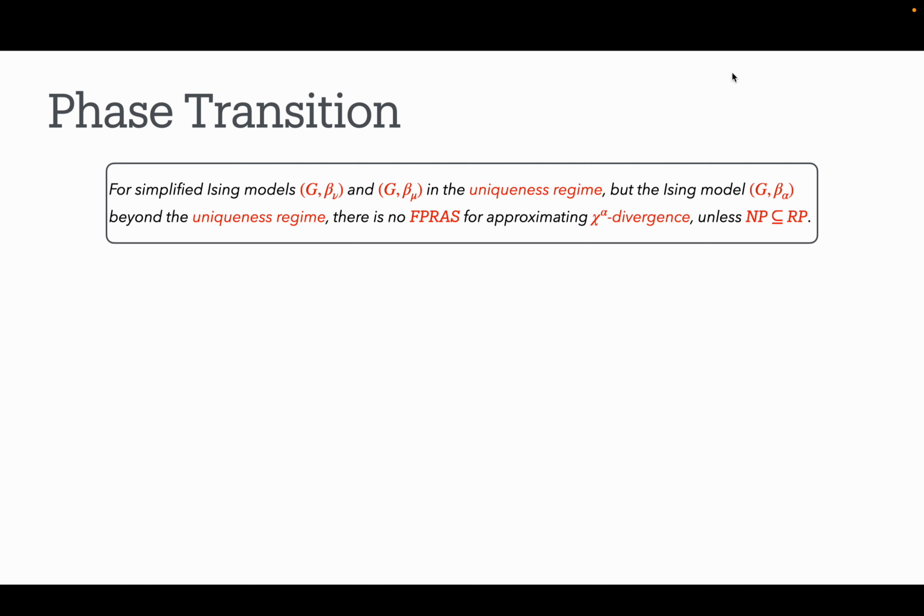And now we give a phase transition theorem. For the simplified Ising models (G, beta nu) and (G, beta mu), where nu and mu are both in the uniqueness regime, but the Ising model (G, beta_alpha) is below the uniqueness regime, there is no FPTAS for approximating the chi-alpha divergence unless NP is in RP.